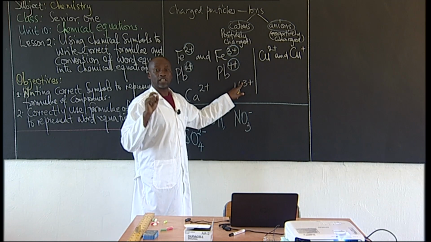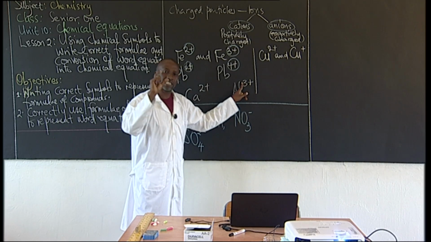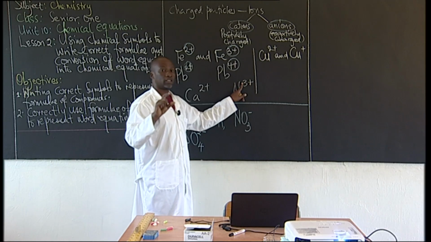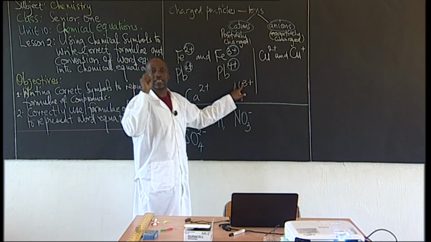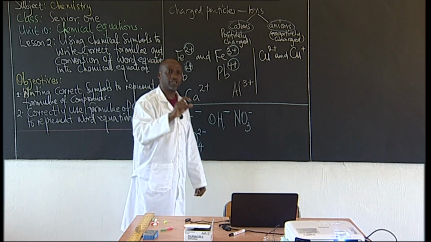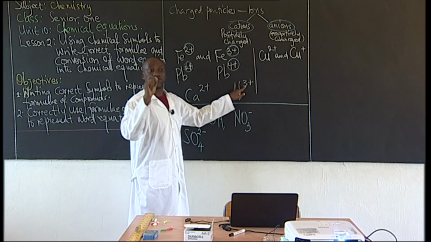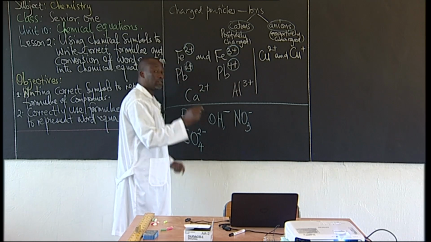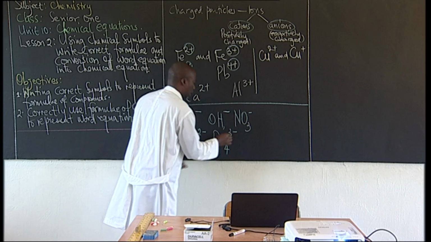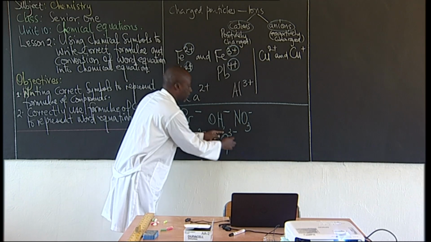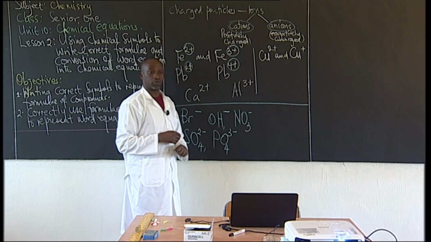I want to emphasize that the number of charges corresponds to the valence, irrespective of the charge sign, whether it is positive or negative. Positive 3, valence of 3. Negative 1, valence of 1. We may have a phosphate ion with negative 3. This phosphate ion, which is a radical, has a valence of 3.